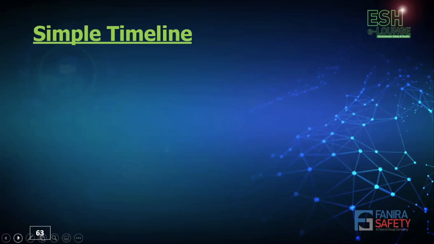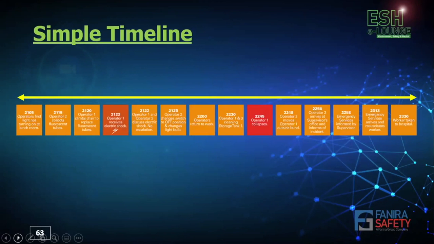So in presenting the data, as I mentioned, a simple timeline. For me, it's about putting events, based on the information gathered, in a particular order following the time. So in this instance, we start off at 9:05, where operators find lights not working. Then operator 2 collects the fluorescent tube.